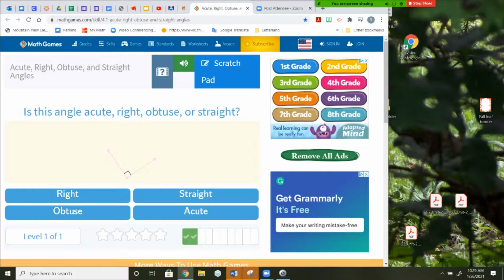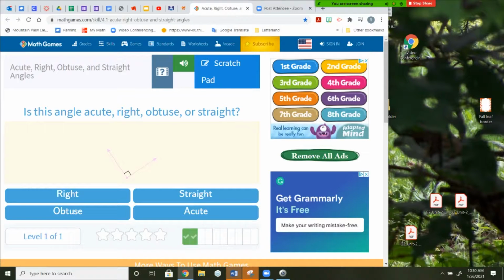Now is this one acute, right, obtuse, or straight? Remember the clues they give you inside there. Would a piece of paper fit right in the corner there? Right. Yep, and that little square gives you a clue that it is a right angle.